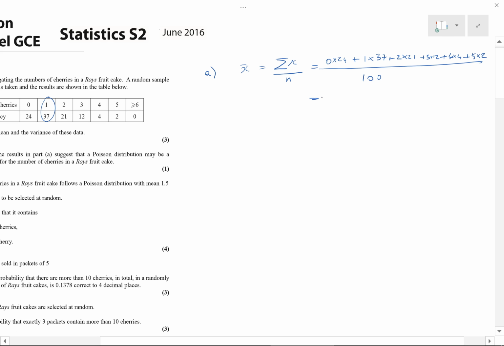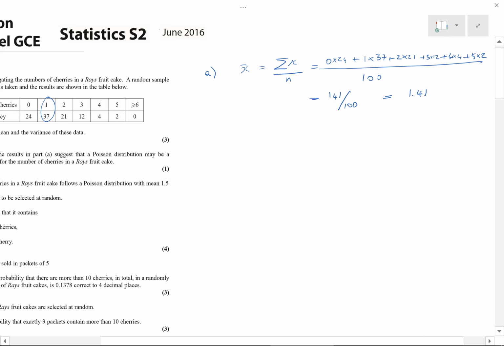The top totals to 141. As I say, it's fine to use summary statistics, but if you are going to use the stats mode on your calculator, I wouldn't just go straight to the mean. At least tell us what the sum is, and the stats mode on your calculator will give us that. So that's 141 over 100, which is 1.41 exactly.